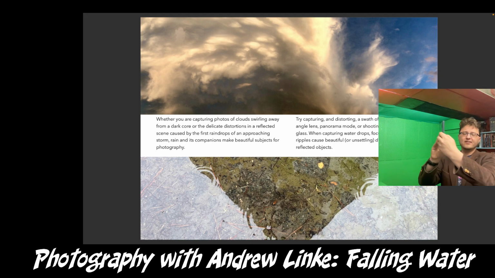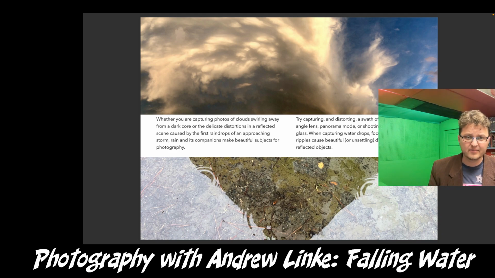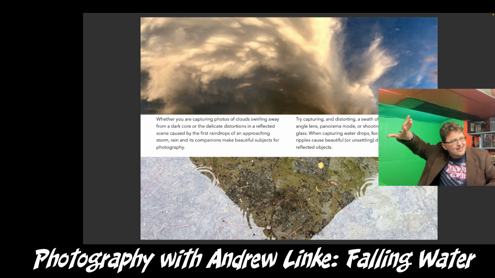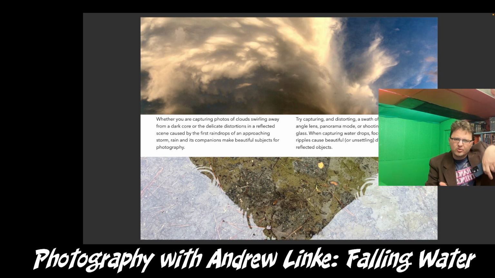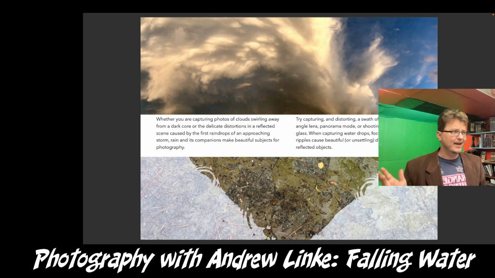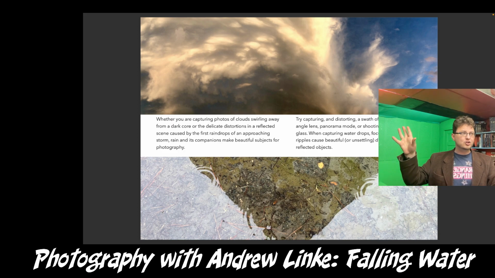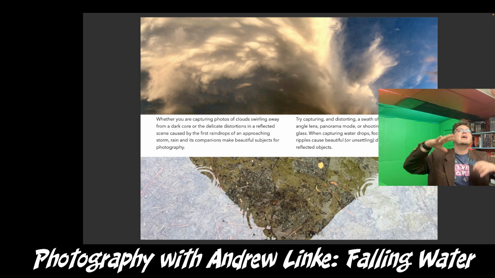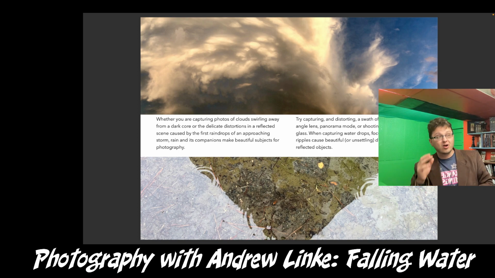I specifically held my camera up and twisted it as I was taking the image, because that gave me that twist to the clouds. I mean, there was already a little bit of a swirl, but it made it much more intense. Now, that is just, I think, a beautiful picture and a great way that you can bring rain or potential rain into your photos.